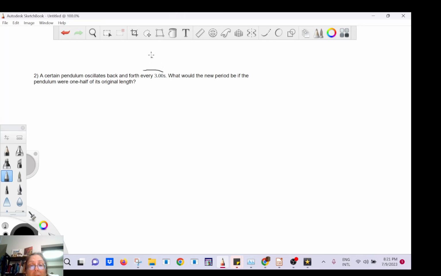So you have the period depending on one half, so the length is divided by 2. You have different ways to do it, right? The period equals 2 pi times the square root of the length over gravity.